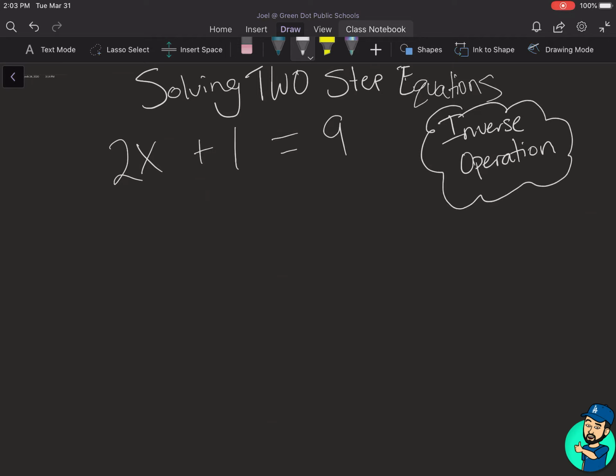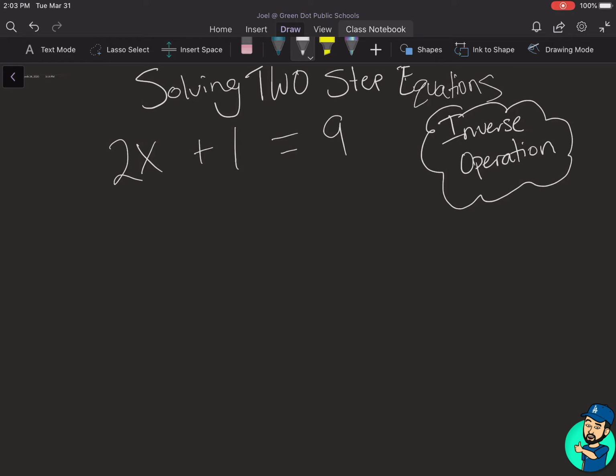For example, the inverse operation of adding is subtraction. The inverse operation of multiplication is division. The inverse operation of division is multiplication. And the inverse operation of subtraction is addition. So pretty much the opposite.